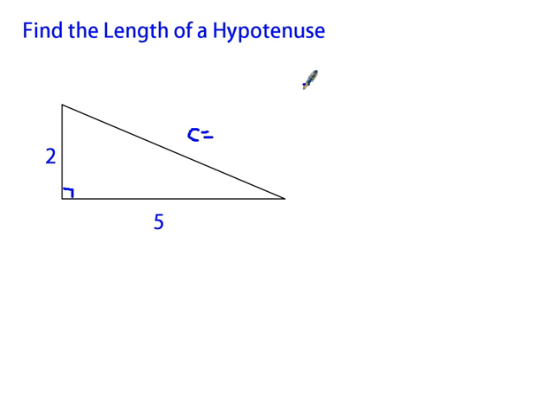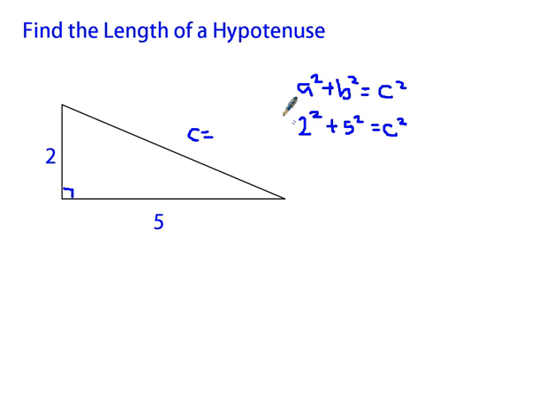So I start with the Pythagorean theorem. A squared plus B squared equals C squared, and I substitute in 2 and 5 for A and B. So that becomes 2 squared plus 5 squared equals C squared.